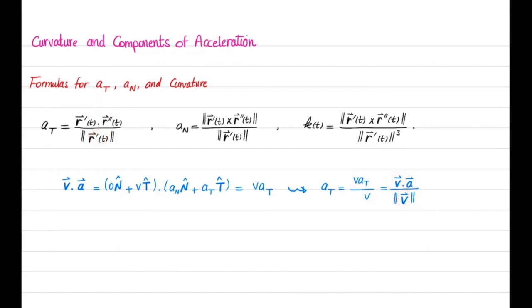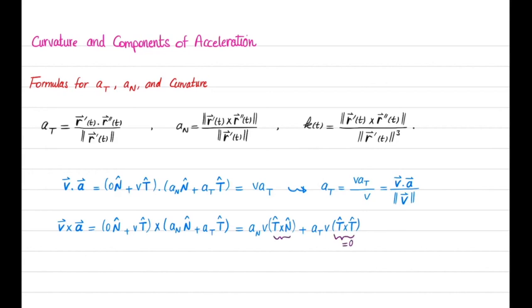Then for the normal component of the acceleration, we will write the cross product of the velocity and acceleration. So we will have this equation here, which will be equal to, and we know that this is equal to 0, and this is equal to vector B. So this will be equal to A_N V B. And we know that the magnitude of vector B is equal to 1 because it's a unit vector.